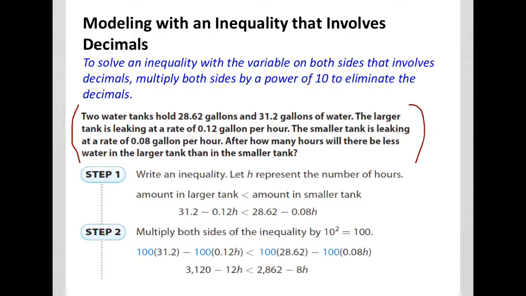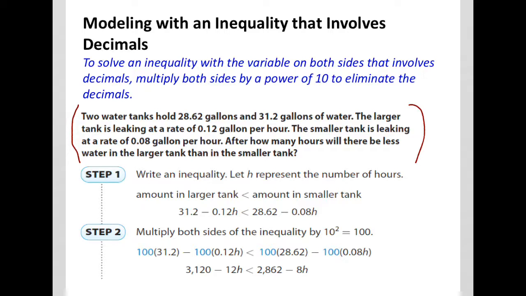The largest tank is leaking at a rate of 12 hundredths gallons per hour. The smaller tank is leaking at a rate of 8 hundredths gallons per hour. After how many hours will there be less water in the larger tank than in the smaller tank?